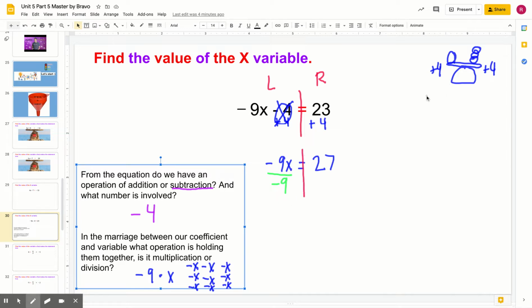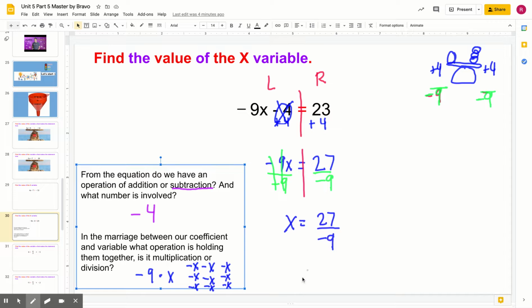Going back to being balanced, I divided by negative 9, so I better divide by negative 9 on the other side too. The negative signs go away. The 9s go to 1. So you're left with 1x. The equal sign drops down. And now you have 27 divided by negative 9.